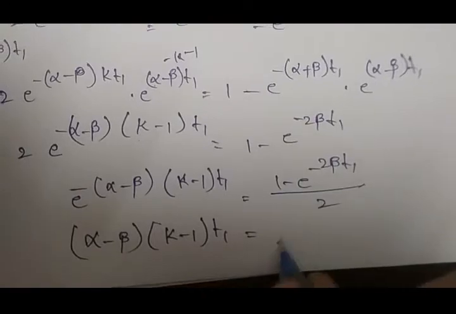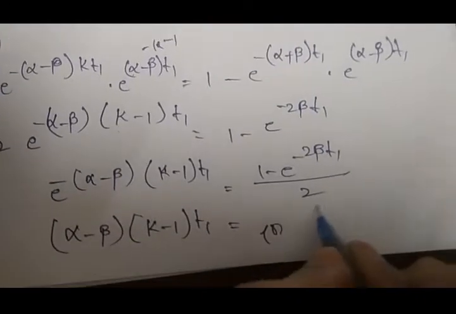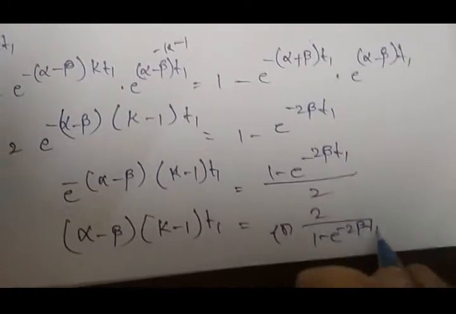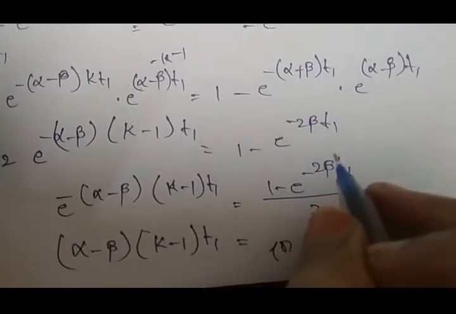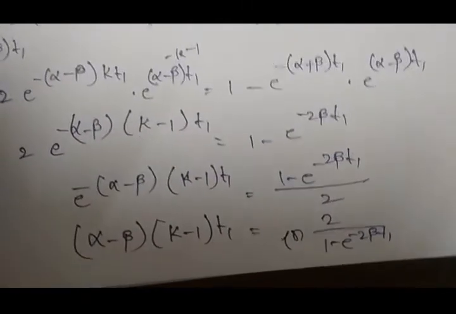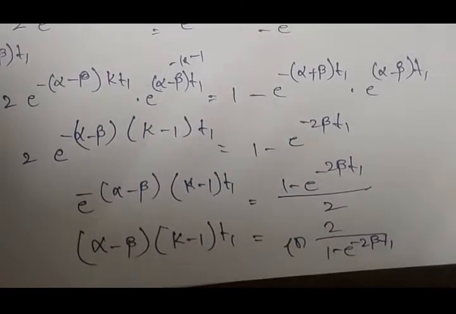So alpha minus beta k minus 1 T1 equals log of 2 divided by 1 minus e power minus 2 beta T1. From this we can get an expression for your T1.